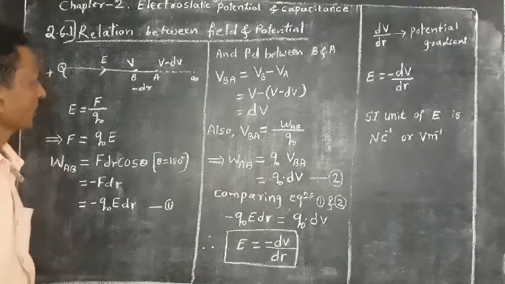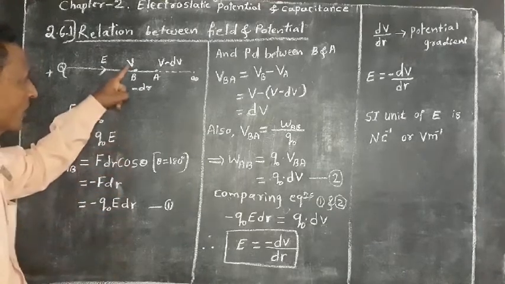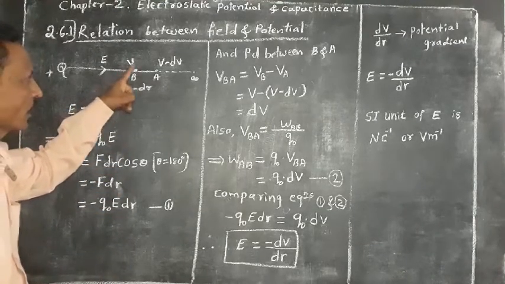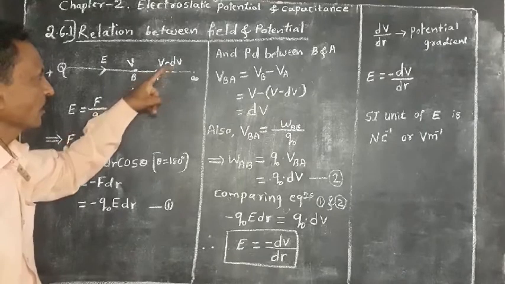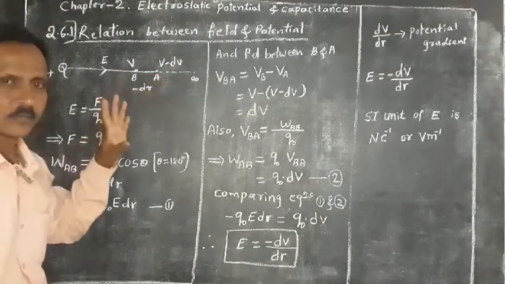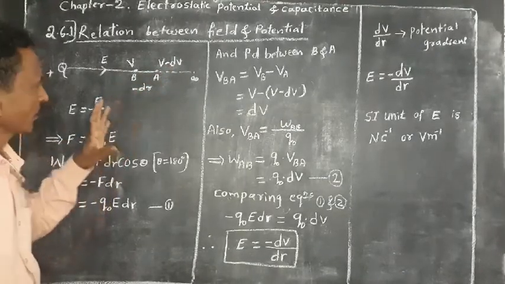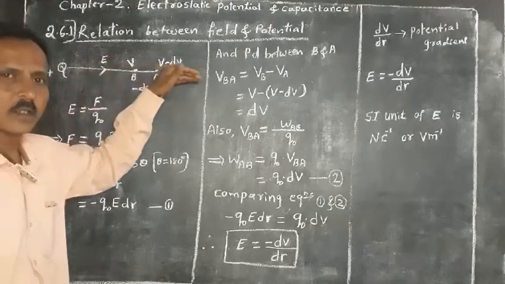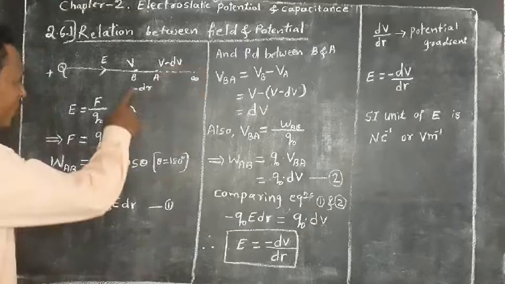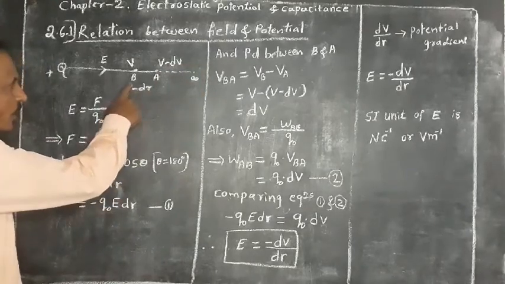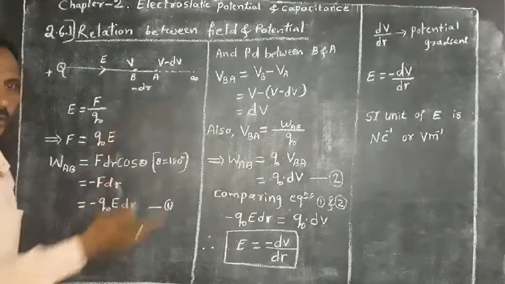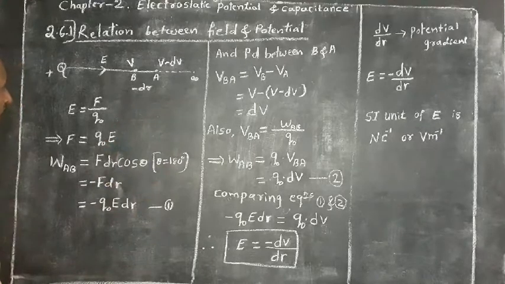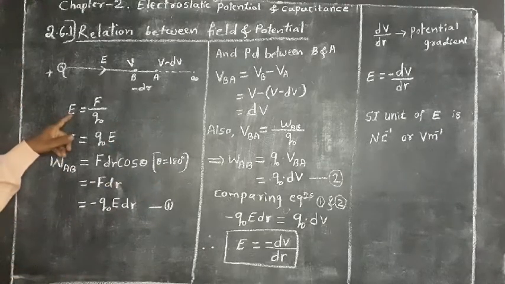Let V be the potential at B and V minus dV be the potential at A. As distance increases, potential decreases. Therefore, B is at higher potential and A is at lower potential.